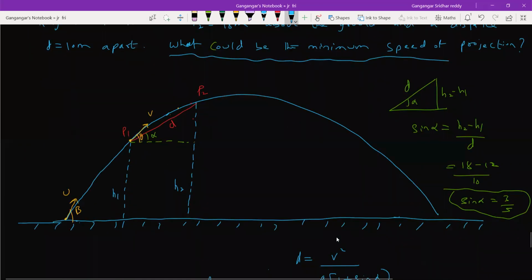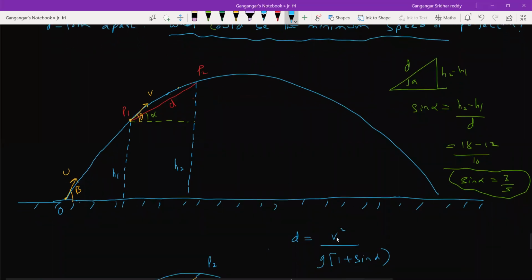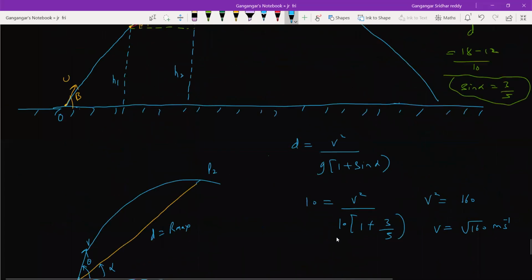Now can we apply from O to P1? So we have to calculate u. Now we know the value of v. Then I'll apply the conservation of energy. So initial kinetic energy, rather than taking help of mathematics, just conservation of energy.